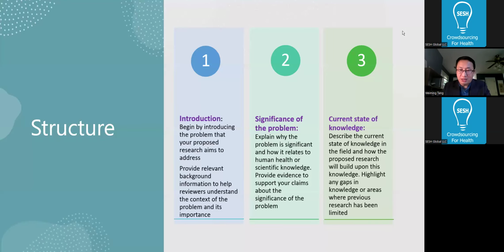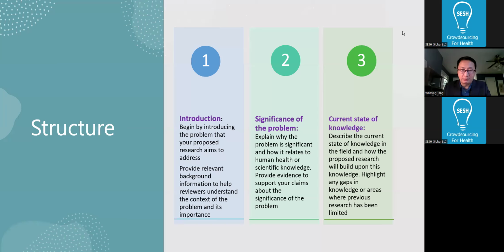For the structure of the significance section, we can typically follow this structure. First, you should have an introduction part, beginning by introducing the problem that your proposed research aims to address. For example, in this area, HIV testing rate is low. Why low?